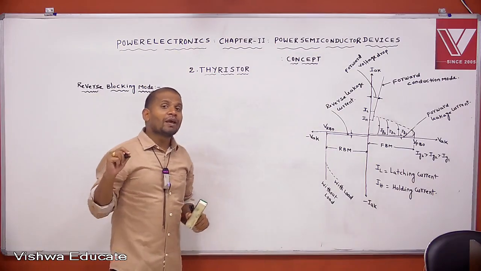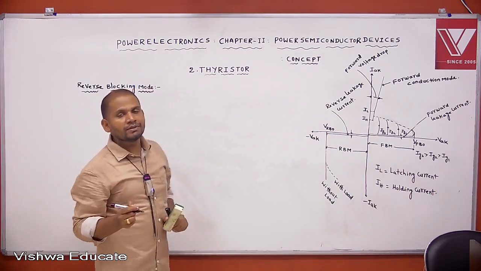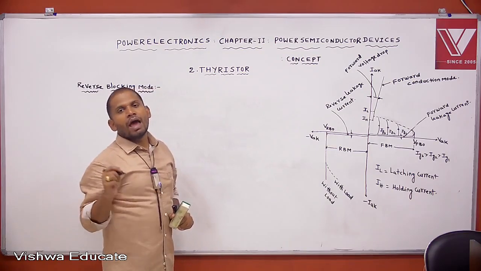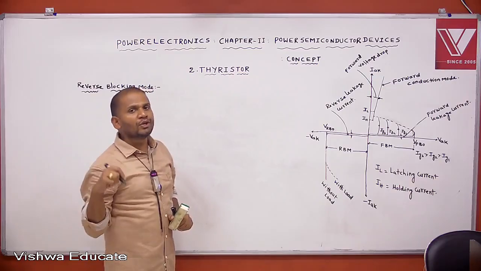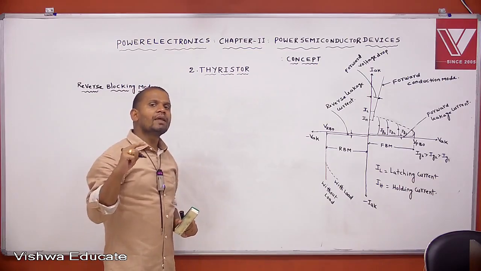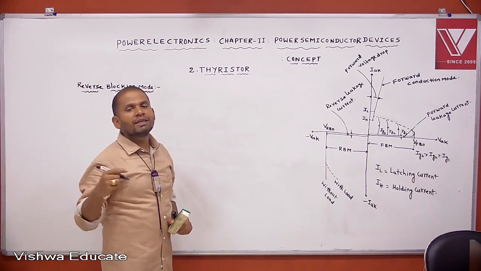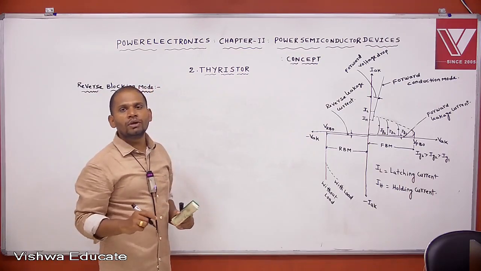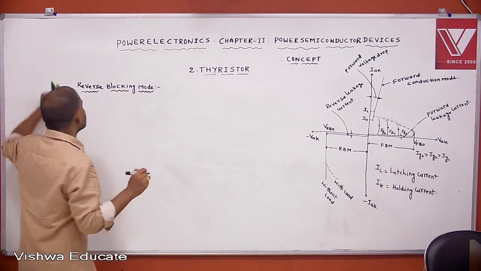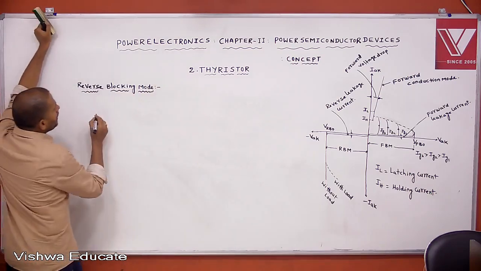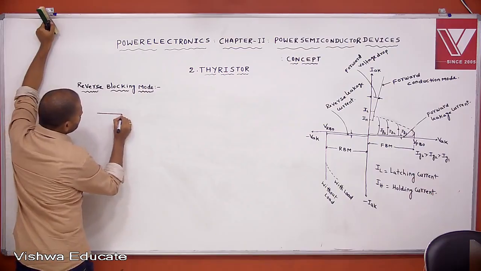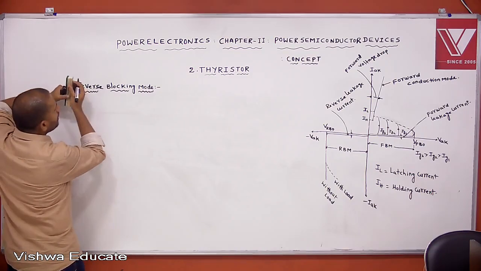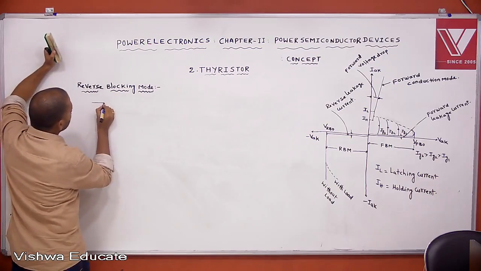If you want to operate the SCR in reverse blocking mode, apply a reverse voltage across the SCR. That means the anode to cathode voltage must be negative: the anode terminal is connected to negative and the cathode terminal to positive.